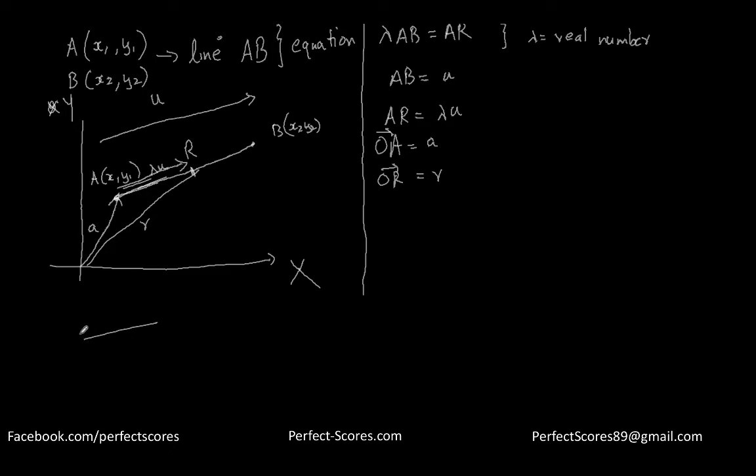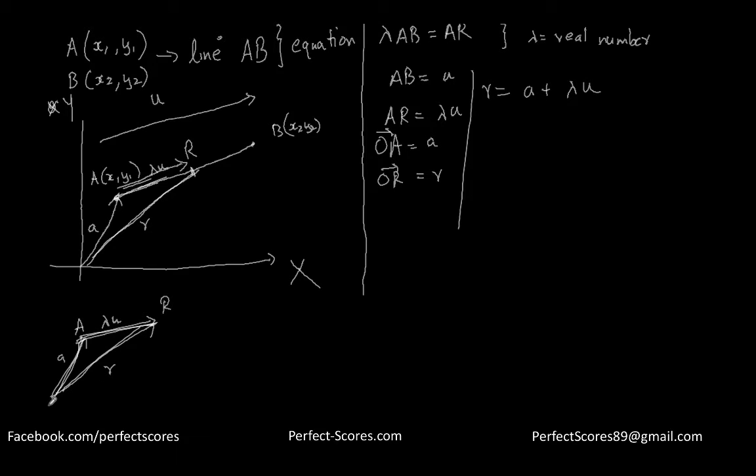If I draw this, this is A and this is R, this is OA, this is OR, and this is lambda u. So this is in this direction, this is in this direction. Now, how do I reach R? I can say that vector R is equal to A plus lambda u, because as you can see, R is the resultant of A and lambda u.